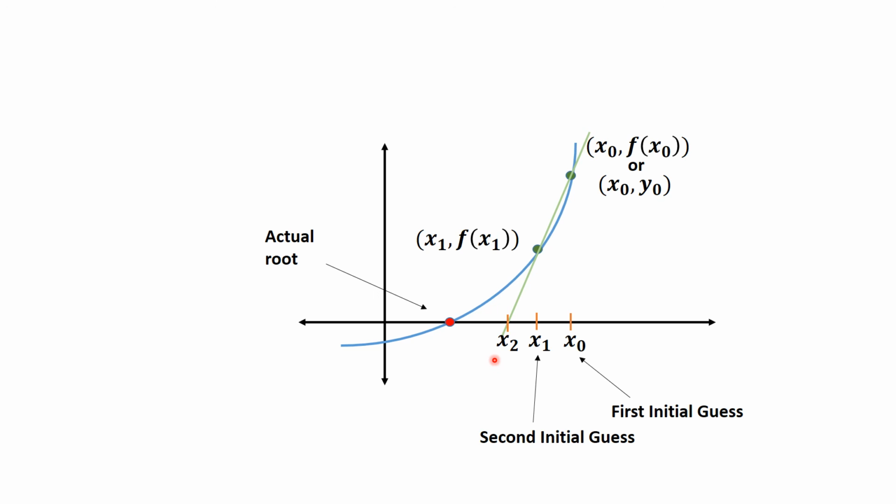In Newton's method, you had taken a tangent line and said that the next point will be the point at which this tangent line touches the x-axis. But in this case, the next point will be the point at which this secant line touches the x-axis. I hope this is quite clear to all of you students.